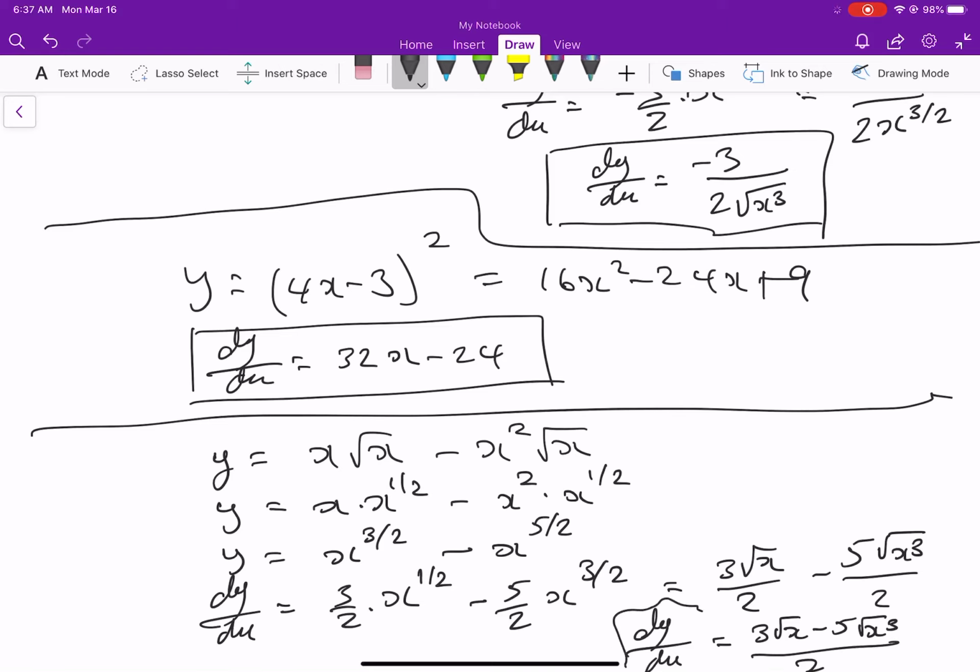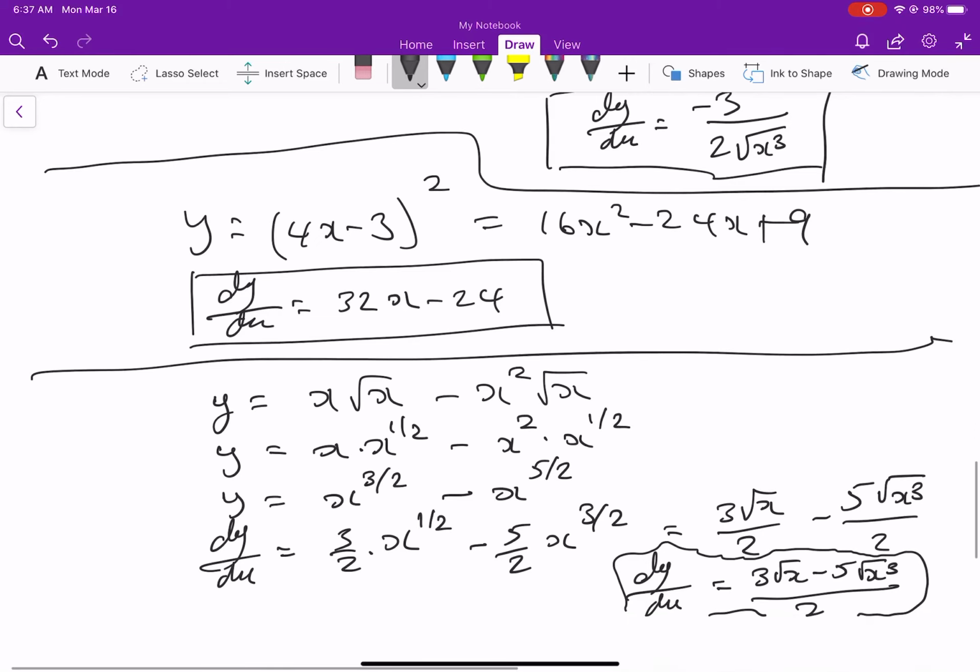And I'll leave it like so. A pretty decent way to leave it. And this brings me to the end of my first tutorial on calculus. Let me set you up with a worksheet.